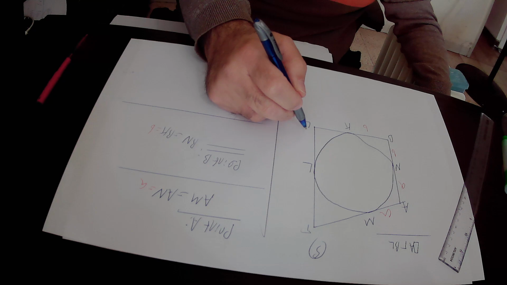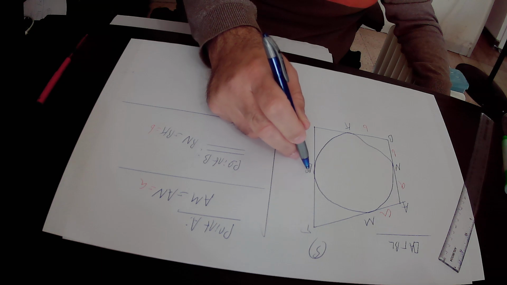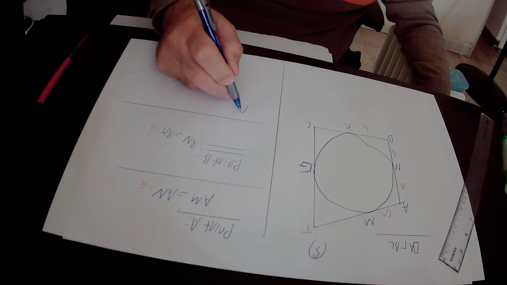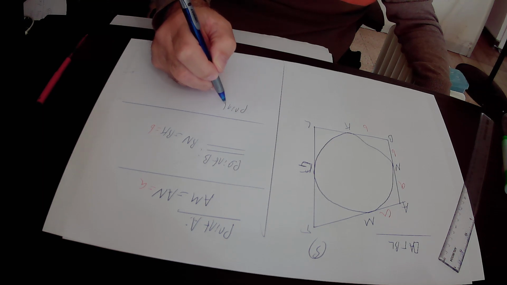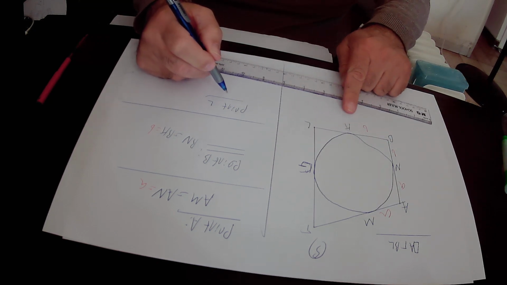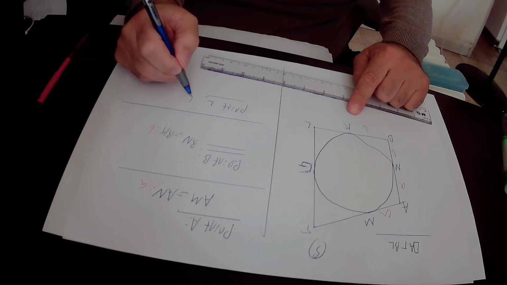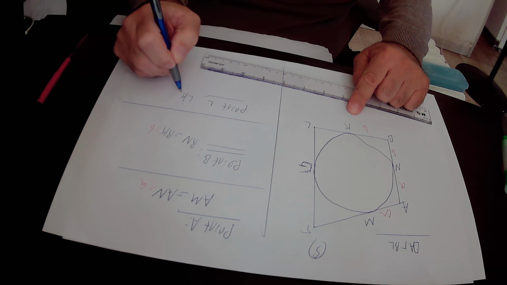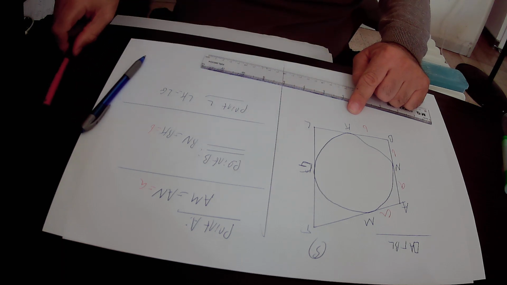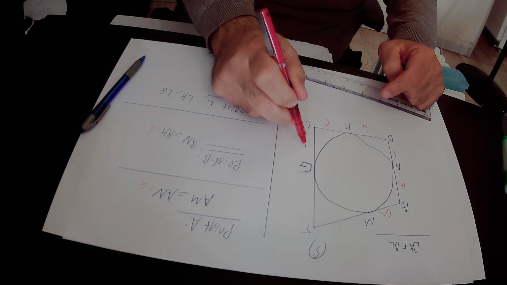Here we have two same letters, so I define it as G. So from the common external point L, we have two tangents to this circle, tangent LK and tangent LG. And according to rule 2, tangent LK must be equal to tangent LG. Those two tangents must be equal to each other, so if KL is c, then GL must also be equal to c.